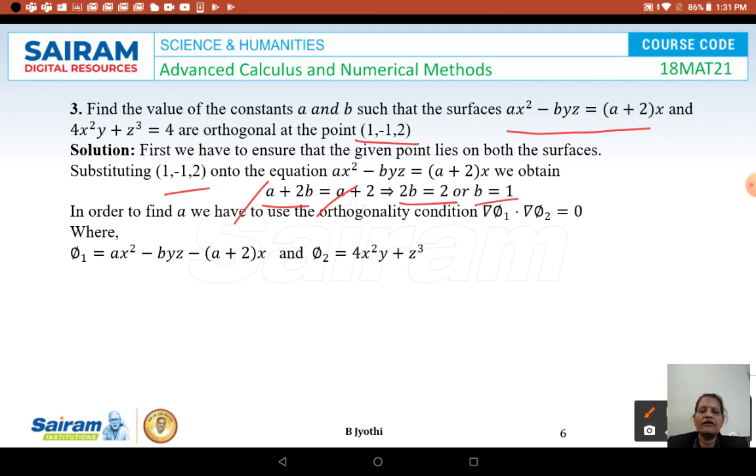To find the value of a, we use the orthogonality condition del phi 1 dot del phi 2 equal to 0. So phi 1 is ax square minus byz minus (a plus 2)x, and phi 2 is 4x square y plus z cube. These are phi 1 and phi 2.